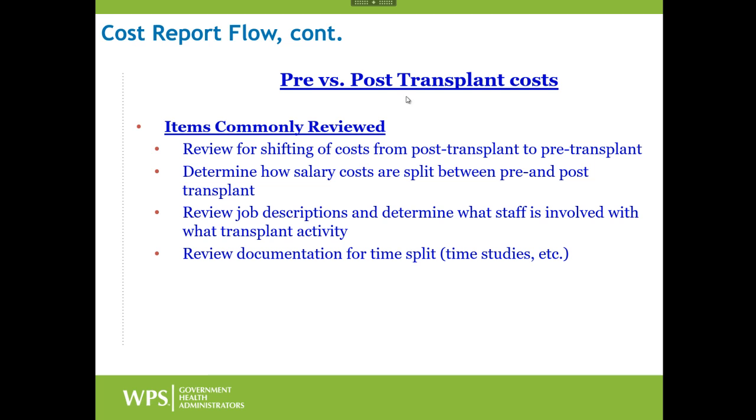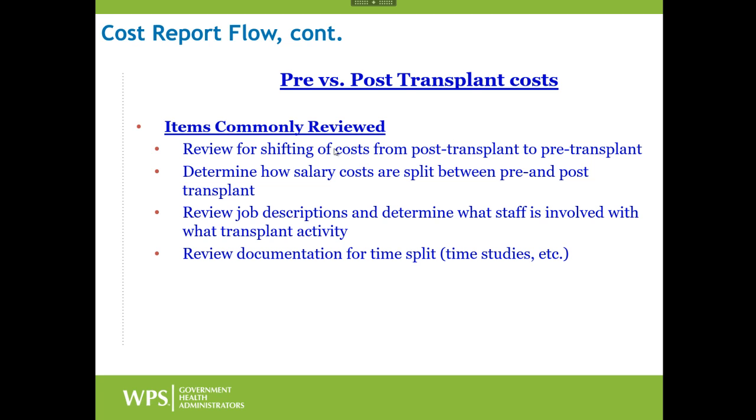Now, pre versus post-transplant costs. Some of the items that we're looking for, and again, you would need documentation if we request it, would be the shifting of costs from post-transplant, which again is not allowable as a pass-through reimbursement.